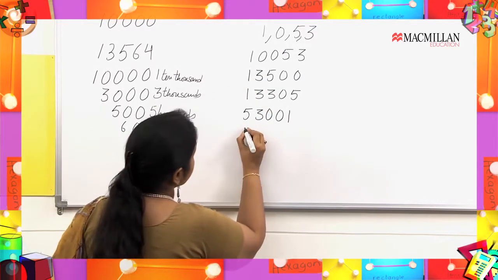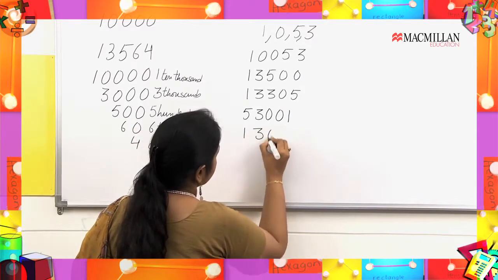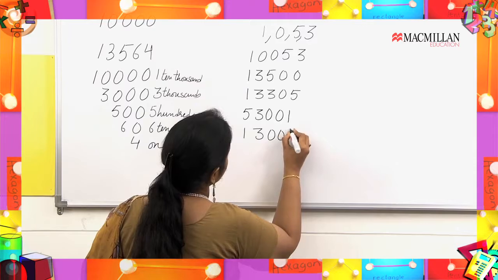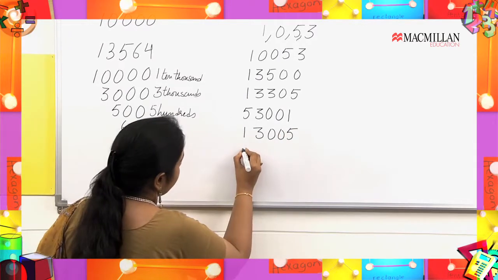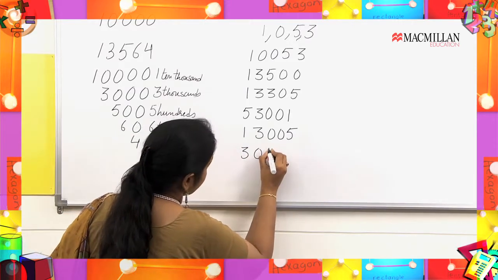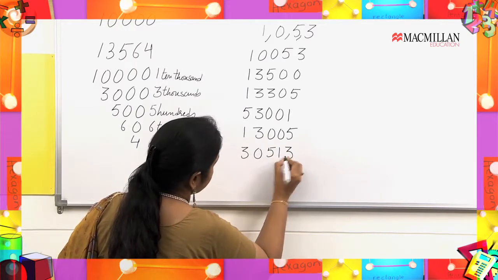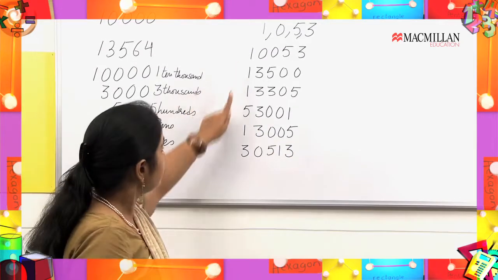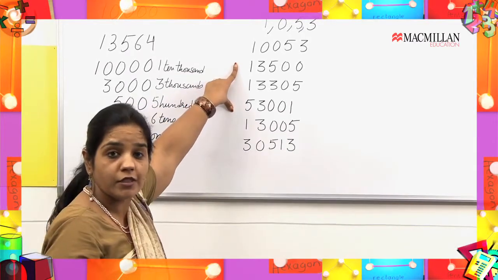Supposing we create a few more. And let us say one we have this. So in these numbers, can you tell me which is the largest and which is the smallest?